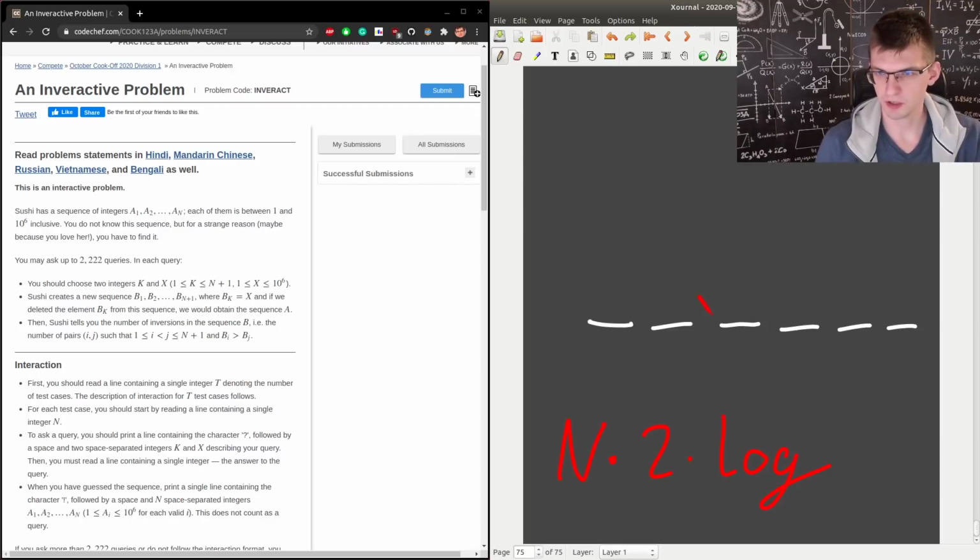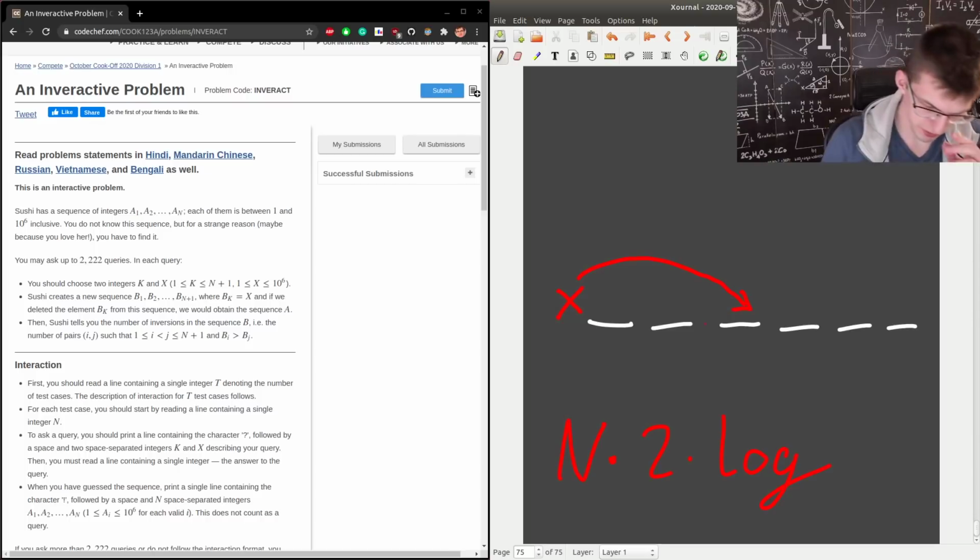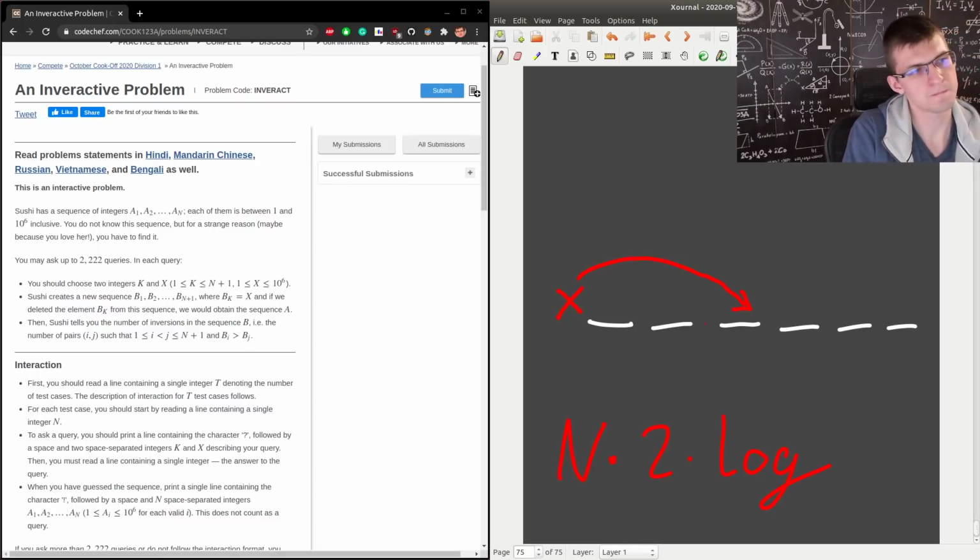If I put some number here, like 100, or I put it here instead, maybe the answer will be different by 1. What about this? Put 500,000 here, and then binary search. Where is the first moment where if you put it there, the answer changes? Then we will get information. What information will we get?